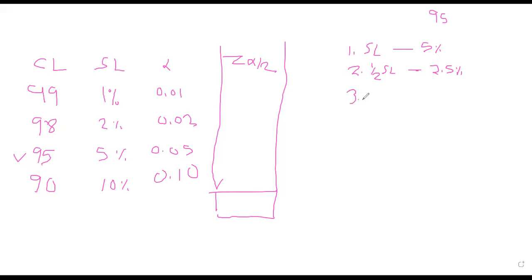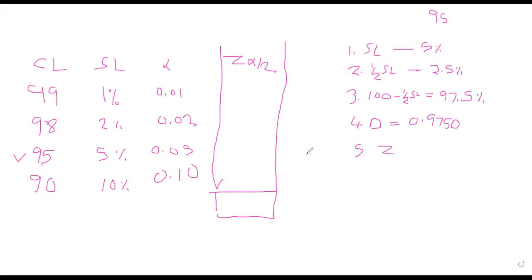Then we subtract the answer from 100. We get 97.5%. Then we convert to decimal, 0.975. And you read from inside the table the Z score.